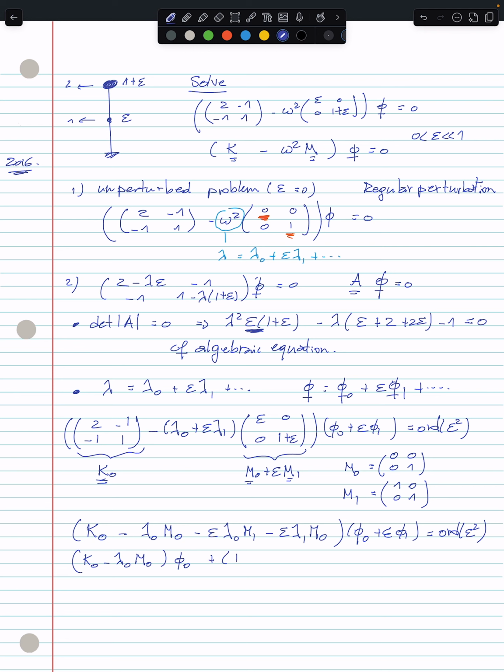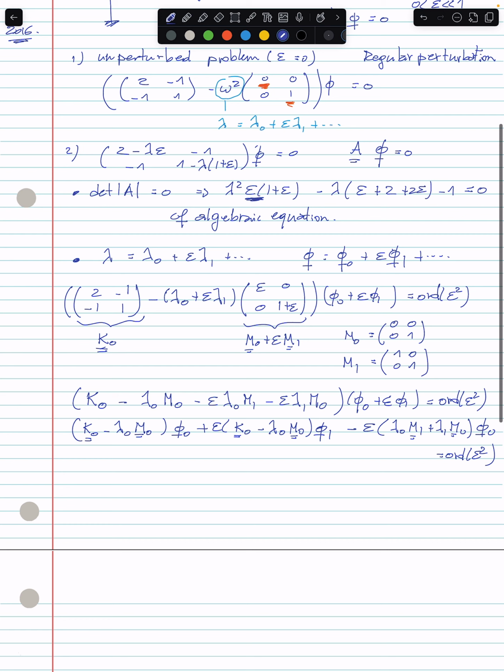Then we have K0 minus lambda 0 M0, which is multiplied by epsilon and phi 1. All right, like this. And then last but not least, minus epsilon lambda 0 M1 plus lambda 1 M0 times phi 0. And this is order epsilon square.